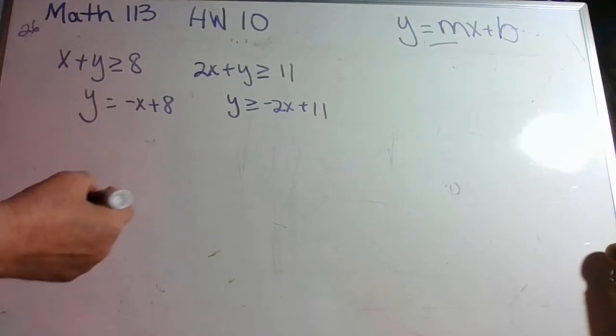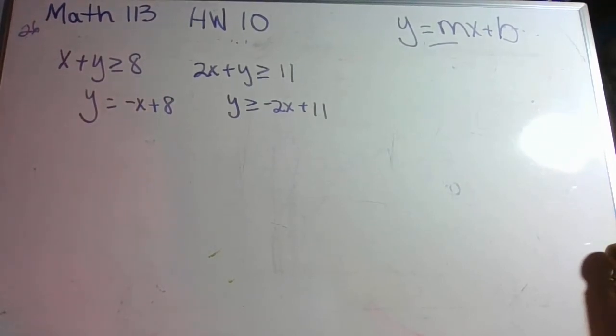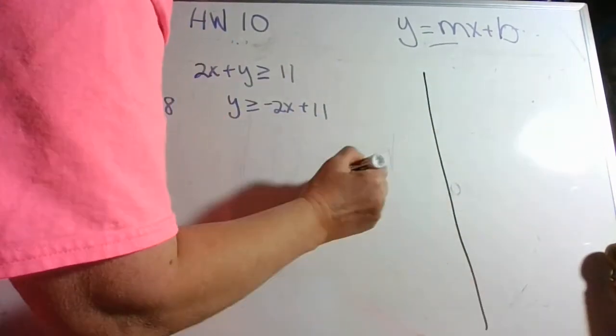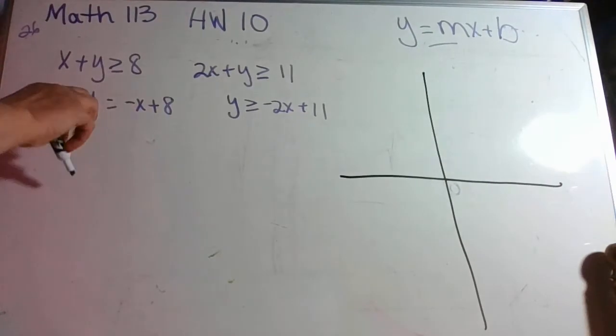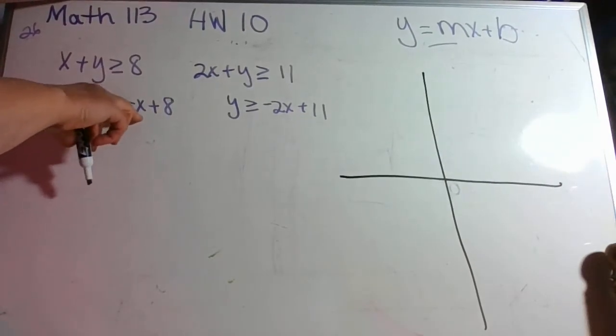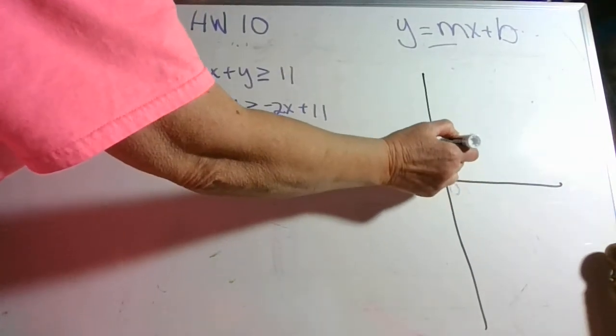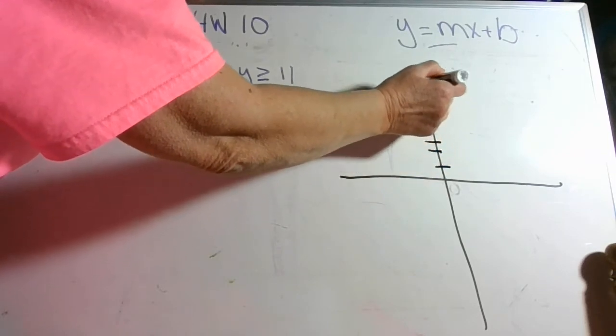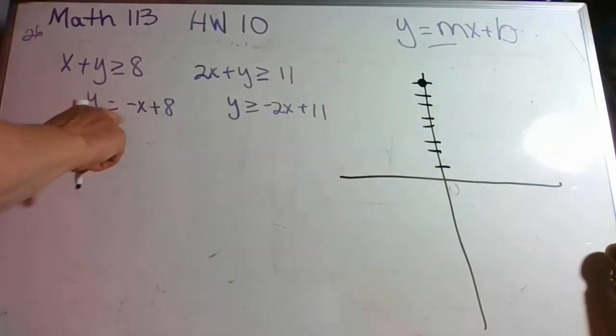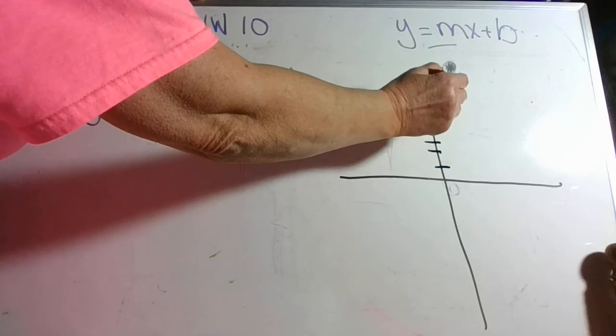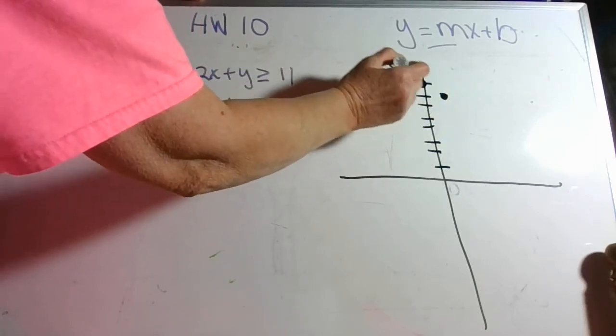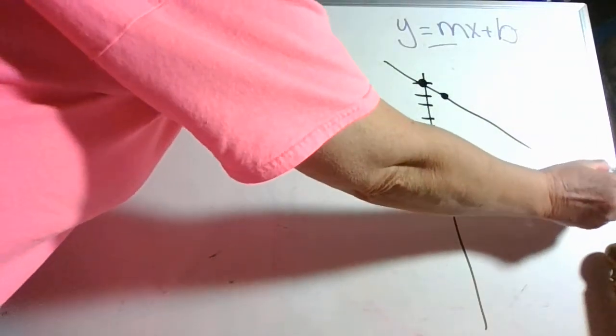Okay, those weren't too hard to put in that form. So let's go ahead and make our graph over here so I don't run out of room at the bottom. So y is equal to negative x plus 8. 1, 2, 3, 4, 5, 6, 7, 8. There's my point. Down 1 to the right 1, and this one is solid.